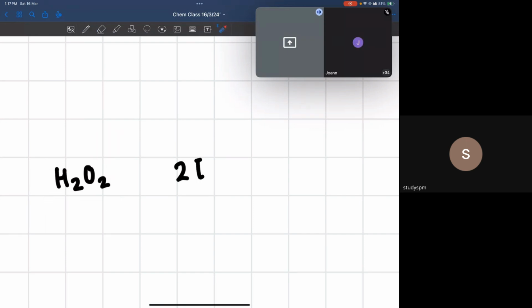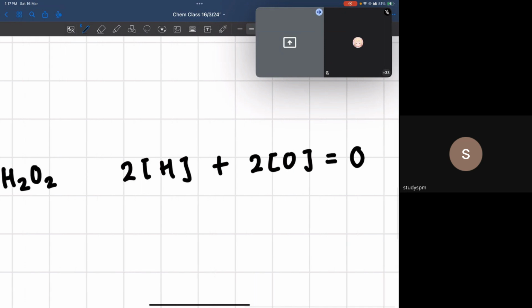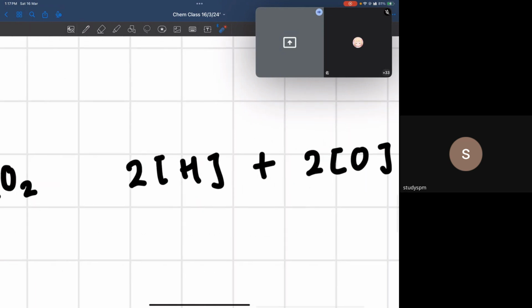Okay, I said before, if there's nothing on top here, corner, the total oxidation number is 0, kan? Okay, so we try to build the equation first. Plus 2O equal to 0. But the question asks you to find this one, kan? What's the oxidation number of oxygen in the hydrogen peroxide? So we already know that hydrogen is +1, kan?